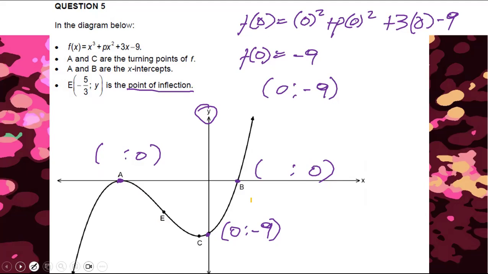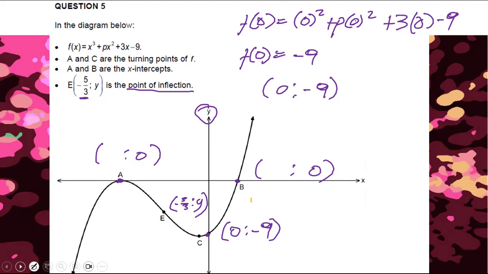So they already gave us that x value that we solved when we took the second derivative and equated it to 0. So the x value that we got at the point of inflection is negative 5 over 3, and y will be whatever.